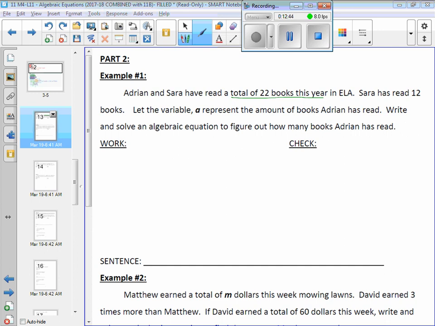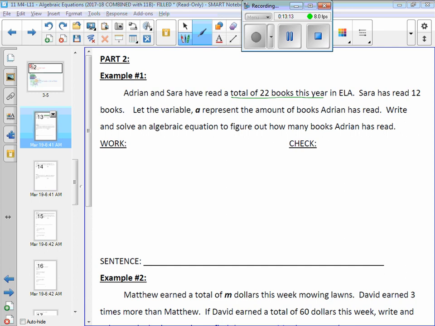So we know that Adrian and Sarah together have a total of 22 books. And they tell us that Sarah has read how much? 12. So the amount of books Sarah has read, which is 12, plus the amount of books Adrian has read, which we don't know, but we're going to call it A, together, that has to equal what? 22.